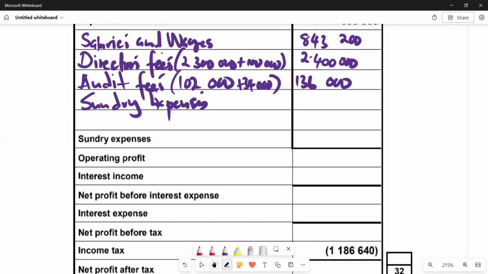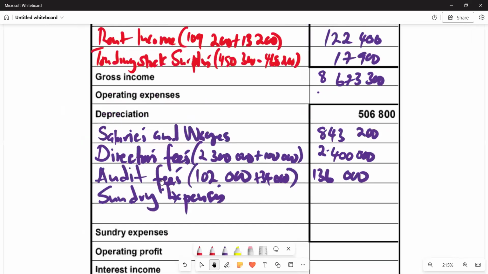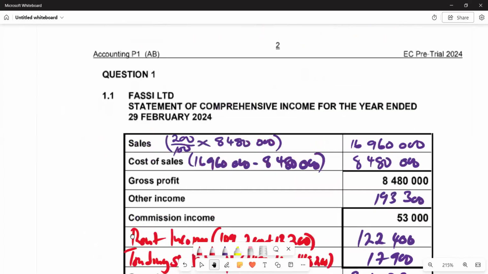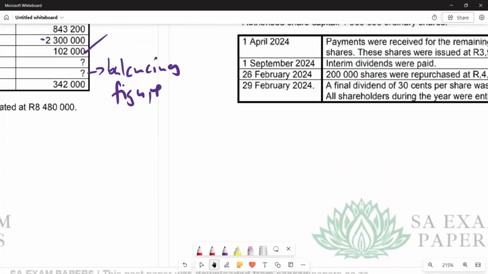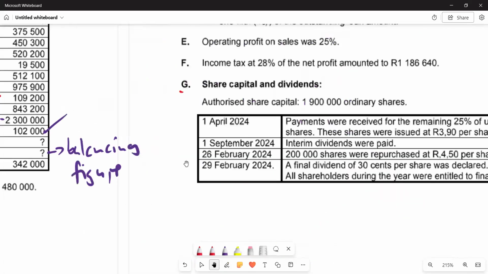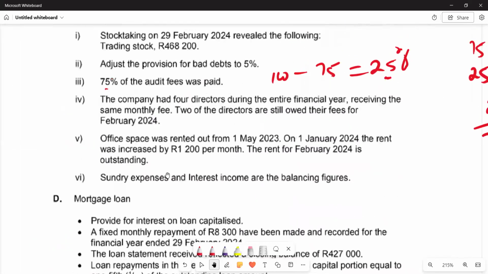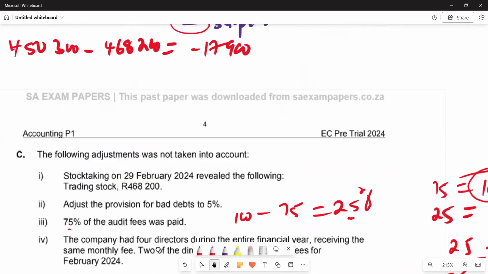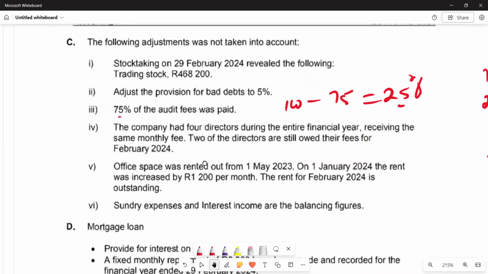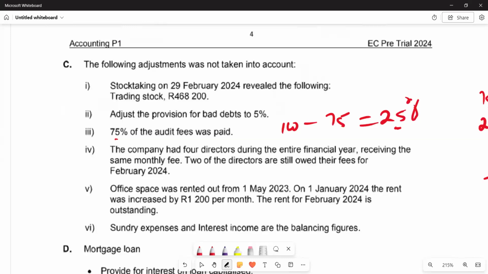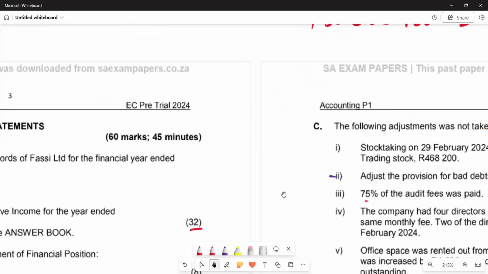I will go again to see if we still have another expense that is remaining. I will go to additional information to check other expenses that we have there. We are given information about provision for bad debts on item 2C2, and that's provision for bad debts at 5%. Remember, we are supposed to say 5% of the level of traders control.